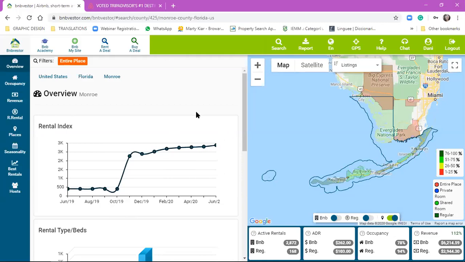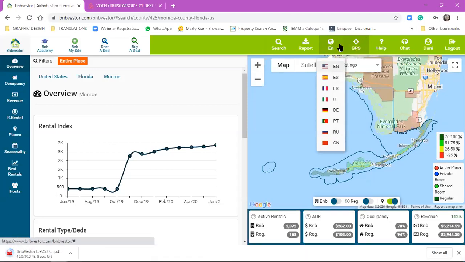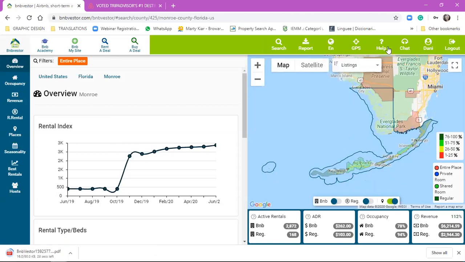For example, you can generate reports of this particular page. You can change into different languages. You can turn on your GPS if you have the application, or if you have the GPS turned on on your computer.